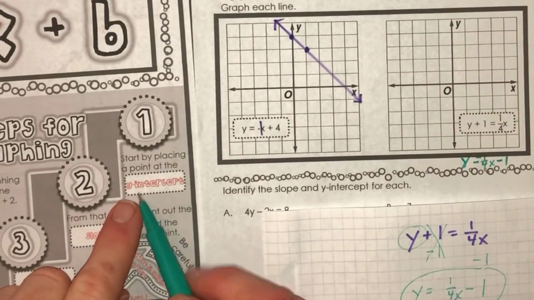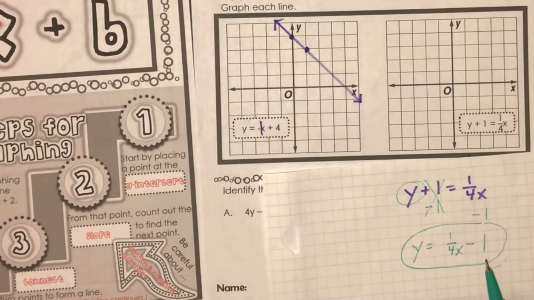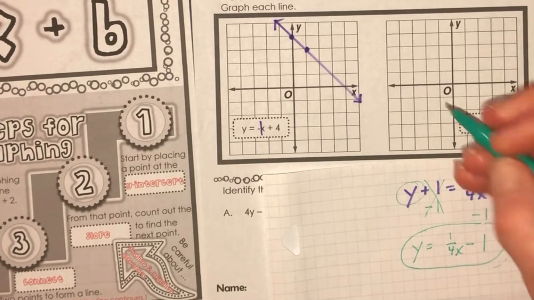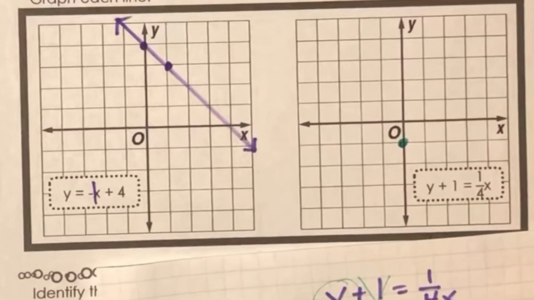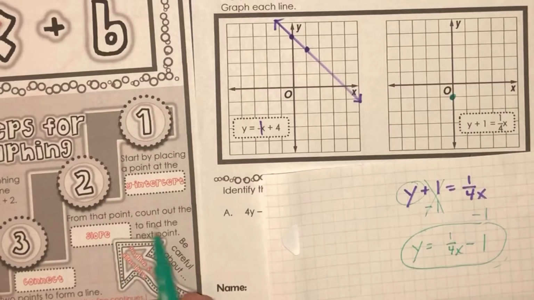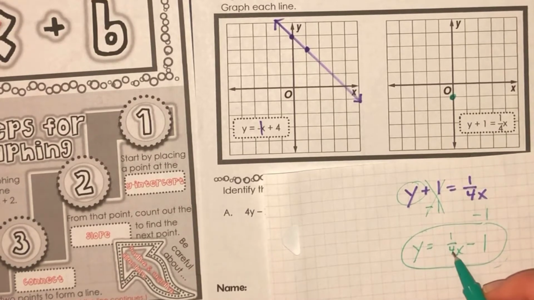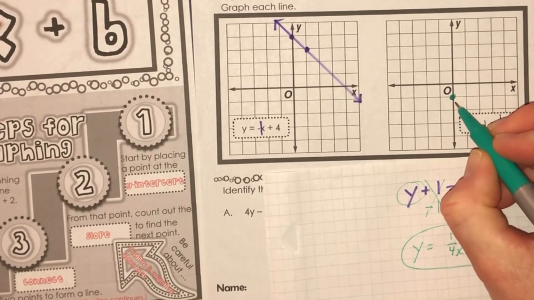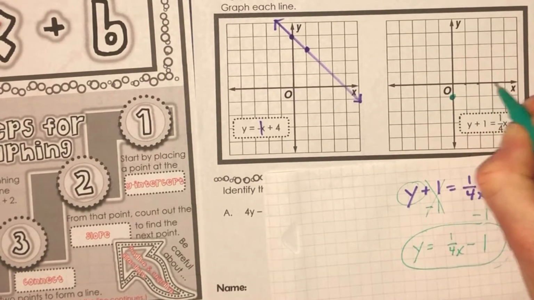Step 1, place the point at the y-intercept. The y-intercept is -1. From that point, count out the slope to find the next point. The slope is 1/4. So I go up 1 over 4. 1, 2, 3, 4.